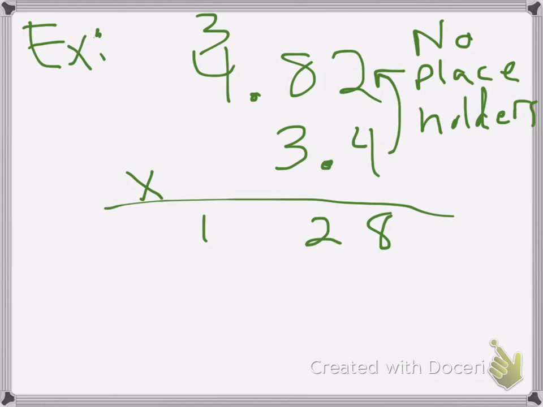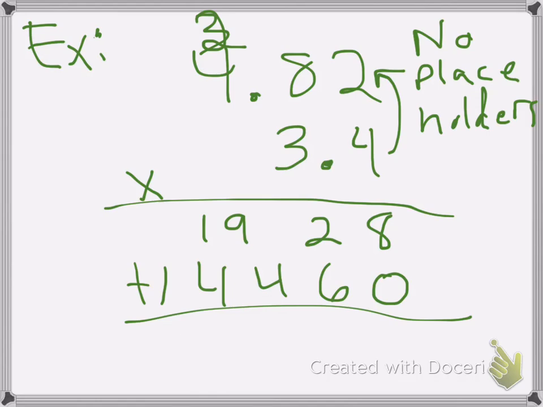So we multiply. 2 times 4 is 8. 4 times 8 is 32. You put the 2 at the bottom, carry the 3 up to the 4. 4 times 4 is 16. Add that 3 to the 16 and you get 19. Then we did put a placeholder here because when we are multiplying that next number, we have to add a 0 first.